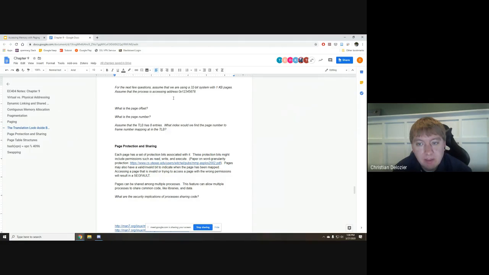So 1 kilobyte pages means that's the size of the page and the size of the frame. So that's the back half of the address. It would be part of 6 and then 7, 8. Yeah, because it's 10 bits, right? So the back part of 6 and then 7, 8.